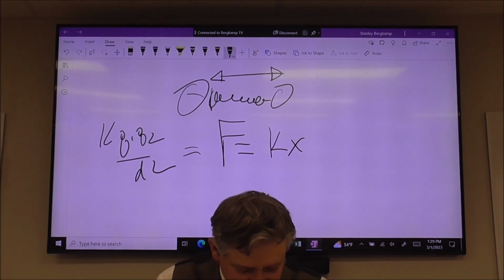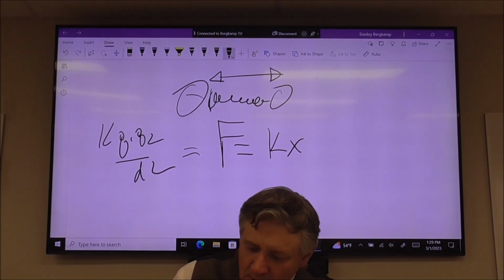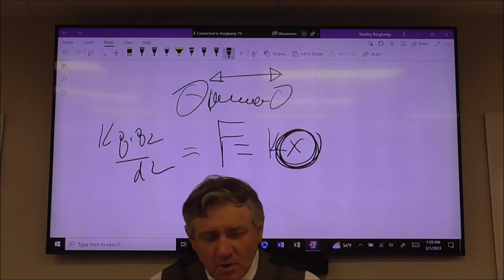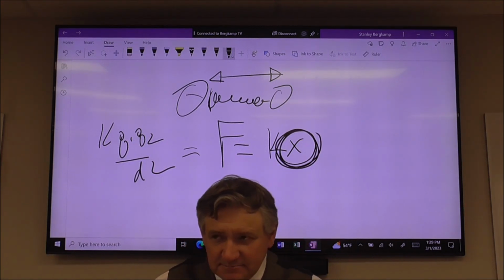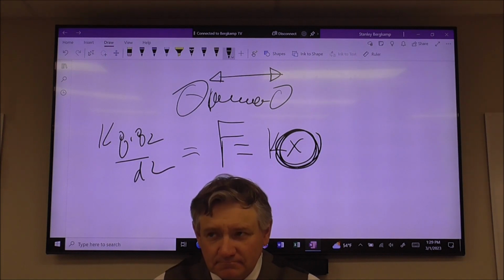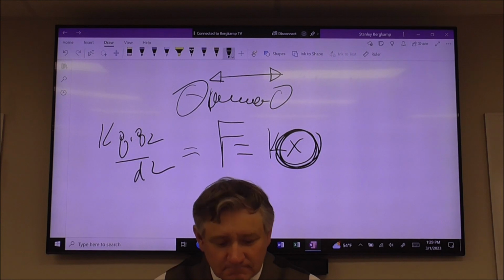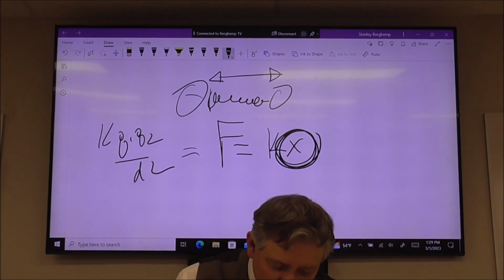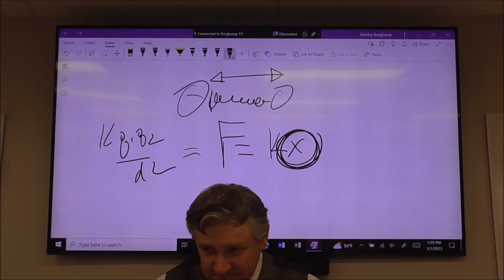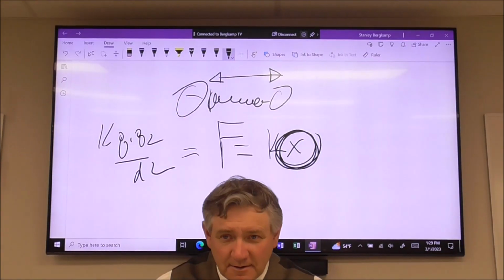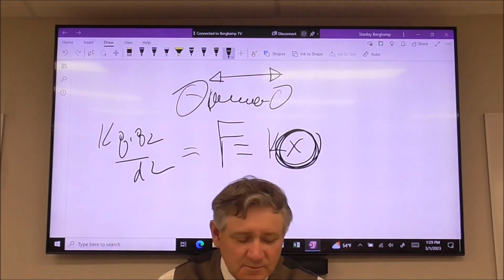Now, here's the question. To figure out how far it's going to stretch, what do you use for x? They tell you, don't they give it to you?